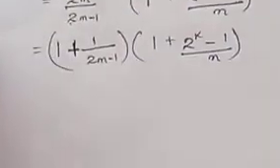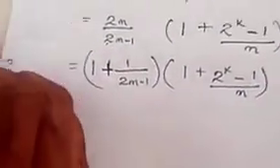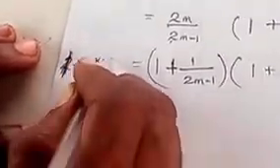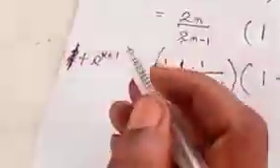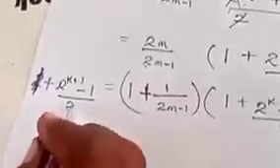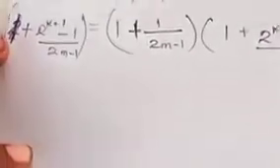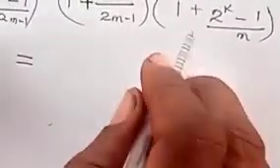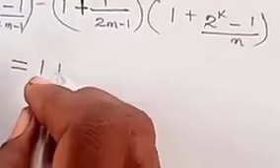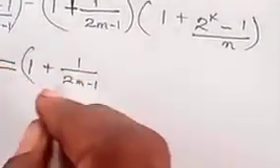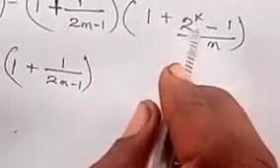It implies that 1 plus 2k plus 1 minus 1 all over 2m minus 1. This one is equal to this. That is the implication. Then also, you can still solve this. 1 plus 1 all over 2m minus 1 into this one.